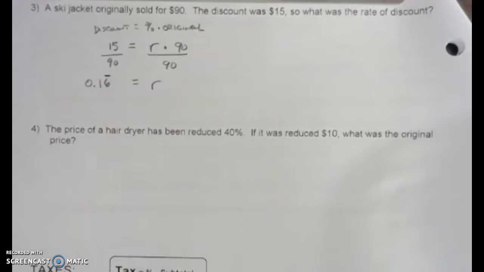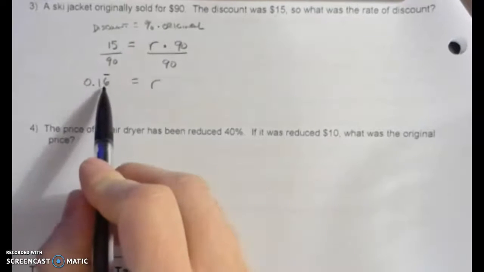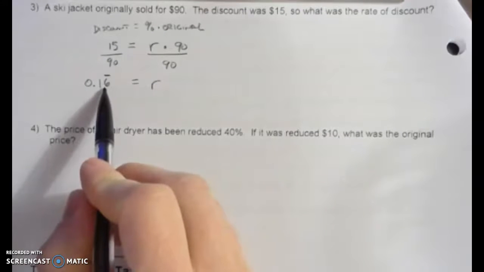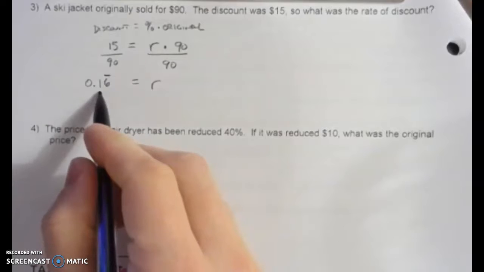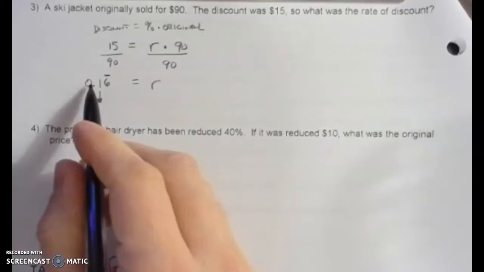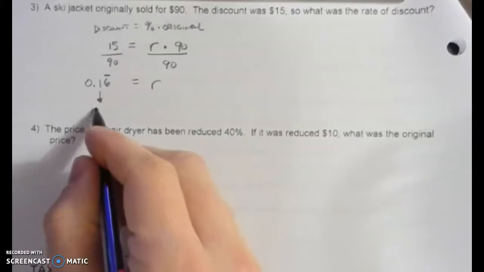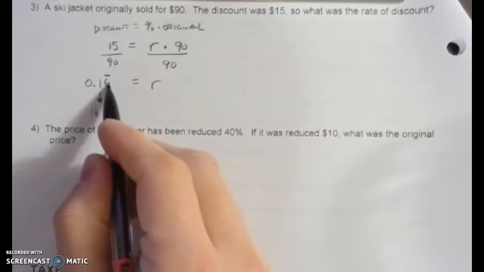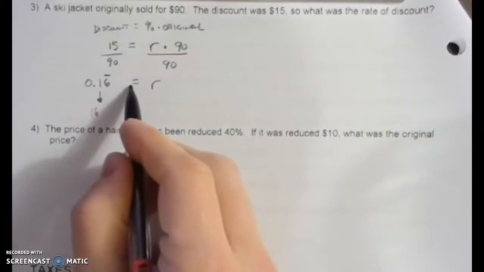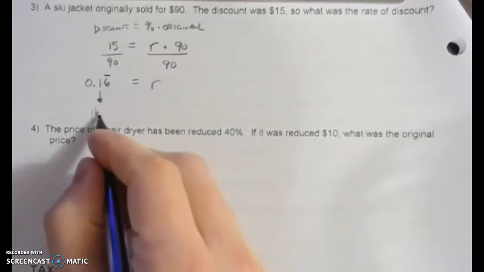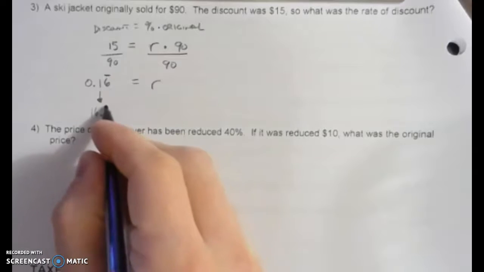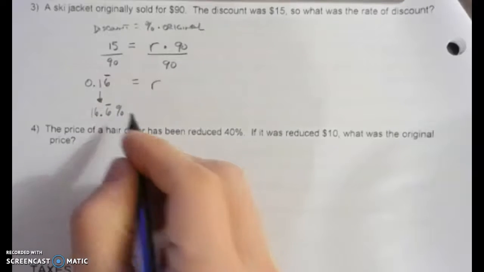Again, we want to express our rate as a percentage, so we need to change this number into a percentage. Remember, when you change your decimal to a percent, all you have to do is move that decimal 2 times to the right, once, twice. So we're going to have 16. But remember, after this 6 was a whole mess of other 6s. So that's actually going to be 16 and 6/10 repeated percent.